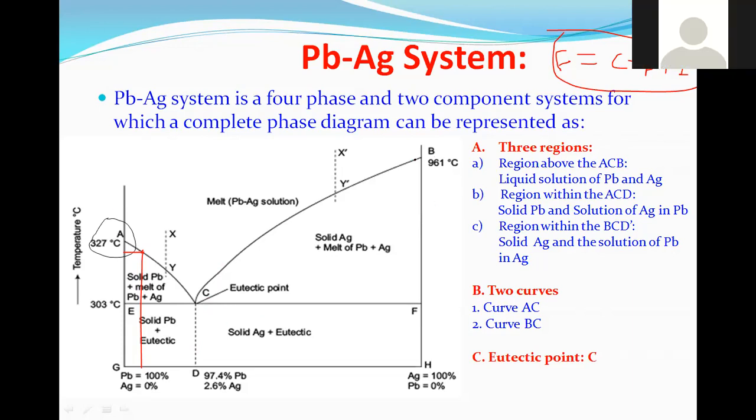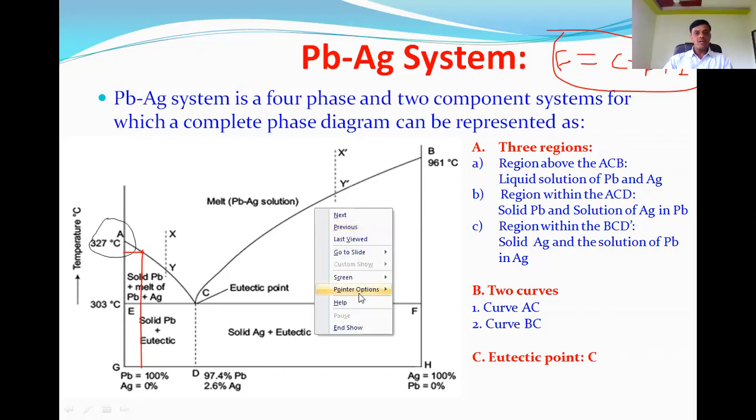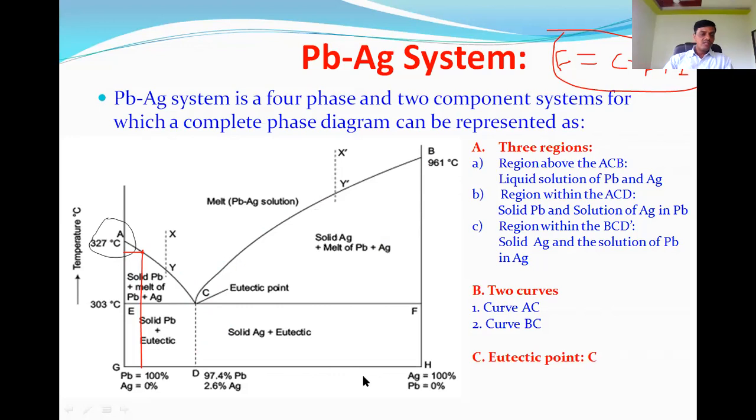And what about the curve BC? This curve BC represents the freezing point of silver, and it also shows the effect of addition of lead. आता इकडे उजवीकडून डावीकडे जाताना काय ऍड करतो आपण? उजवीकडून डावीकडे we add lead. इथं 100% सिल्वर आहे. इकडे जर आलो तर इथं थोडं जास्त प्रमाणात लेड, इथं जास्त, इथं जास्त. अशा पद्धतीनं लेड इन्क्रीजेस, the percentage of lead increases from right to left, and percentage of silver increases from left to right.